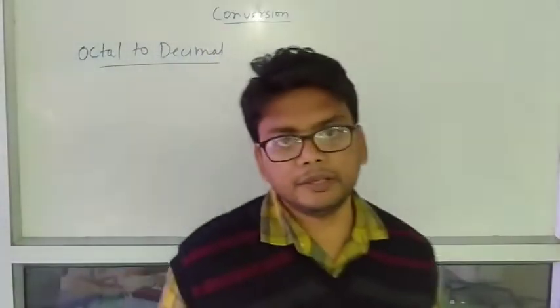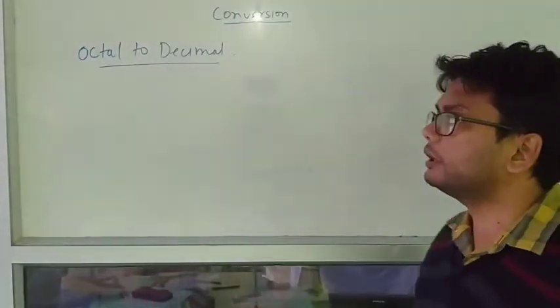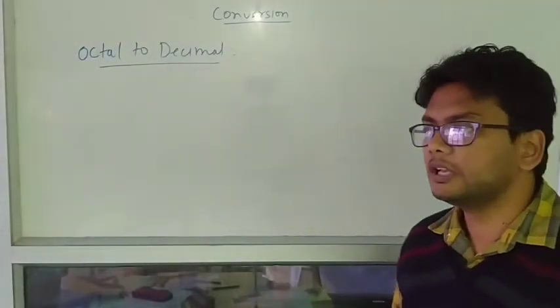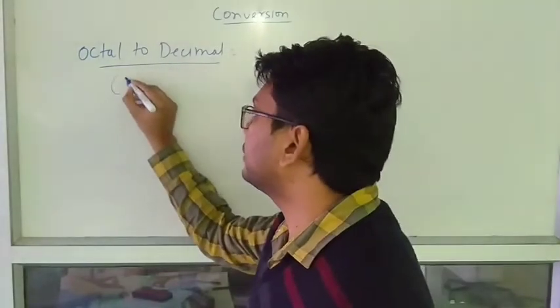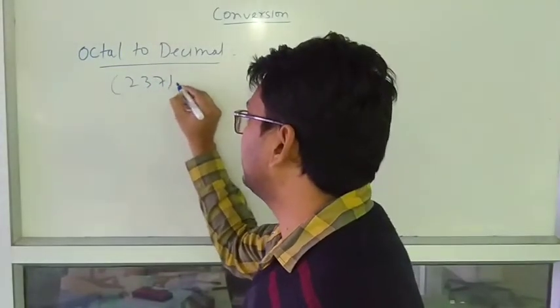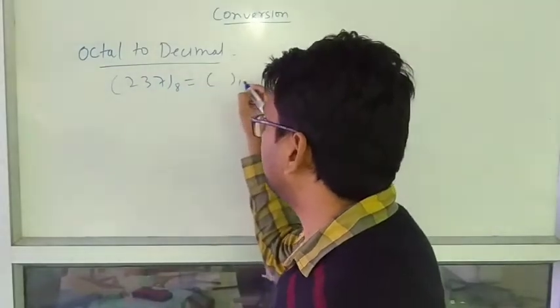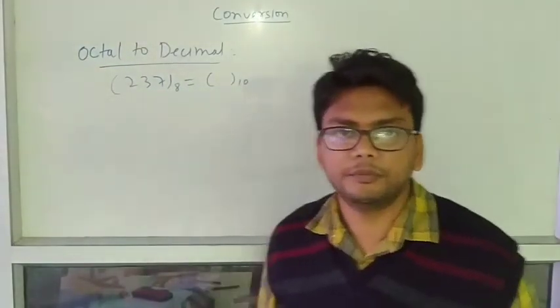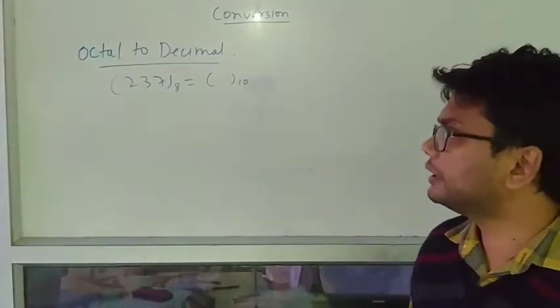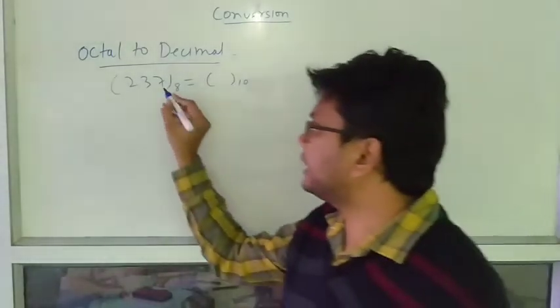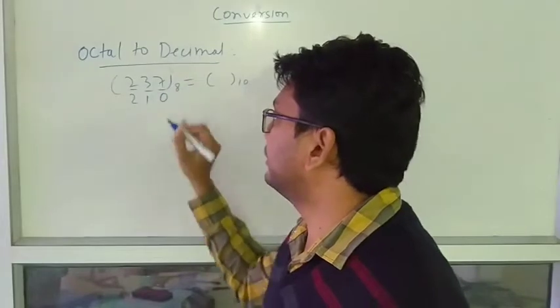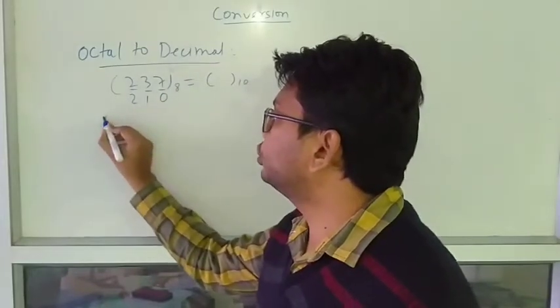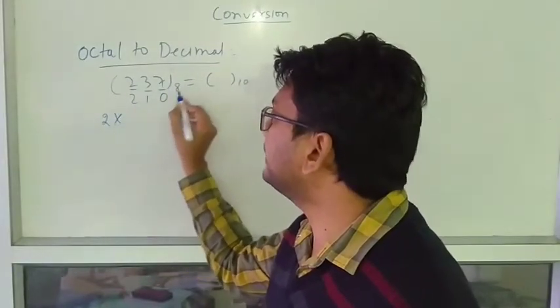Now let us see how we can convert an octal number into the decimal one. Suppose an octal number is given to us, like 237, that is in octal form, and you want to convert that octal form into the decimal form. How can we convert it? Again we will take the position of each digit 0, 1, 2, then we can write 2 multiplied by radix.